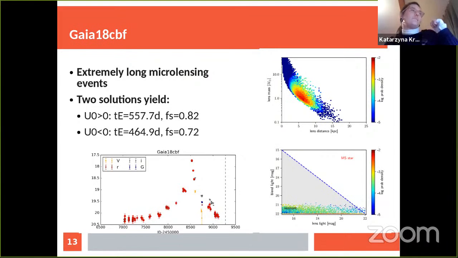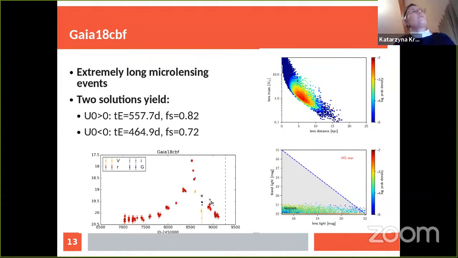Additionally, photometric analysis of archival data done by Marius Maskoliūnas from Vilnius University shows that the source star is probably located at 14 to 23 kiloparsecs, which is very far. This event is at b equals -8 degrees, so it's going through the disk, and the source is probably in the galactic halo, which is very exciting.